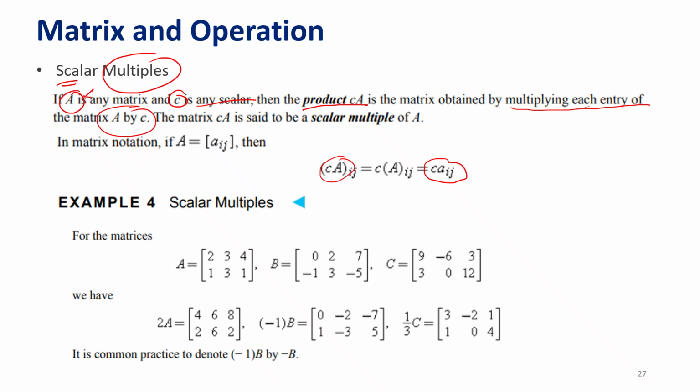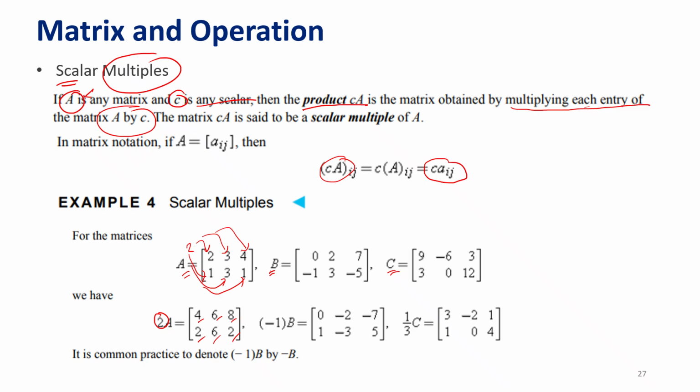For example, here we have matrices A, B, and C, and you want to multiply A by a scalar, let's say 2. So you have 2 multiplied by 3, 2 multiplied by 4, 2 multiplied by 1, 2 multiplied by 3, 2 multiplied by 1. So you have 4, 6, 8, 2, 6, 2.